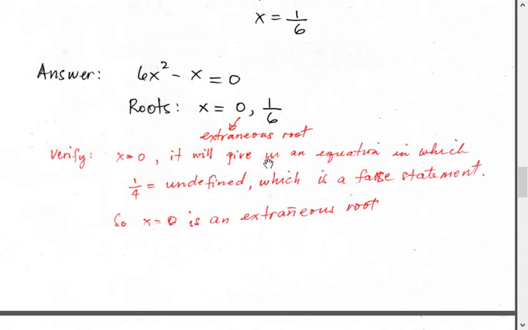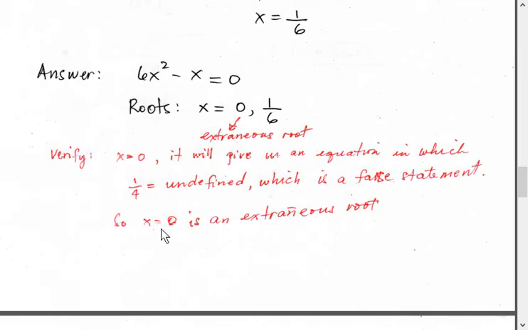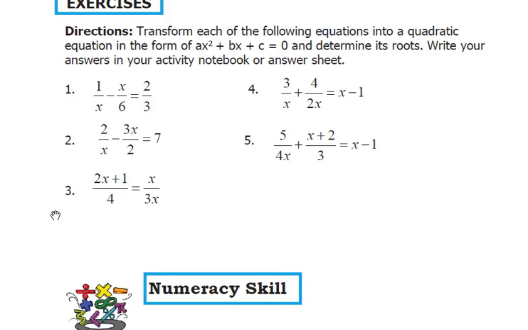If x is equal to 0, substitute it here: 2 times 0 plus 1, that's 1/4, and 0 over 3 times 0 is 0 over 0, which is undefined. So the expression 1/4 equals undefined, which is false. That's the main reason why 0 is an extraneous root.